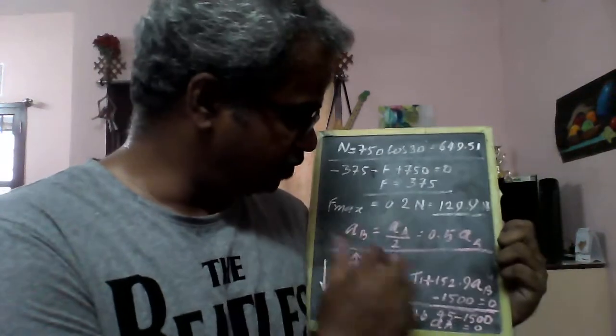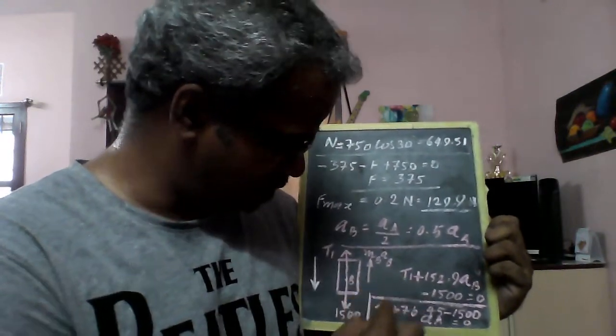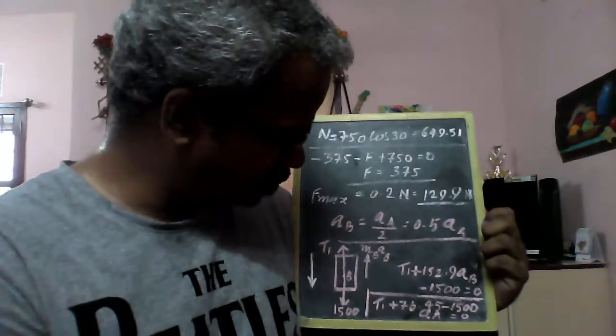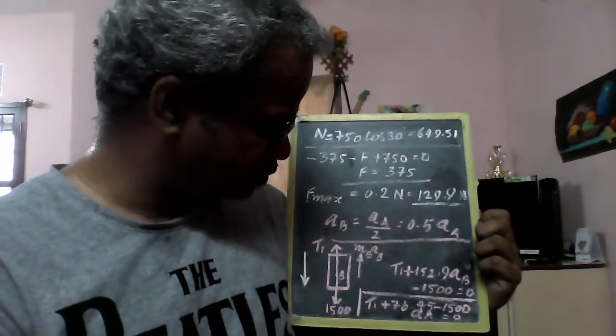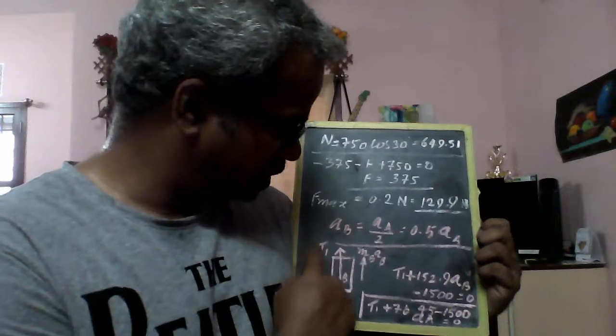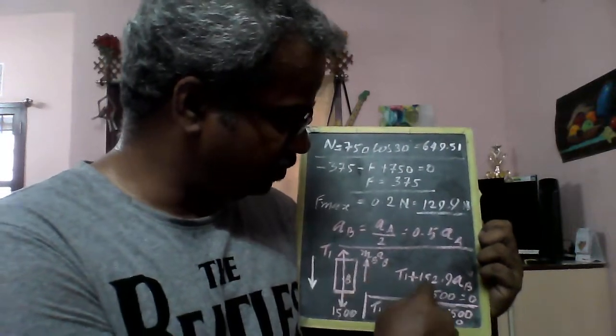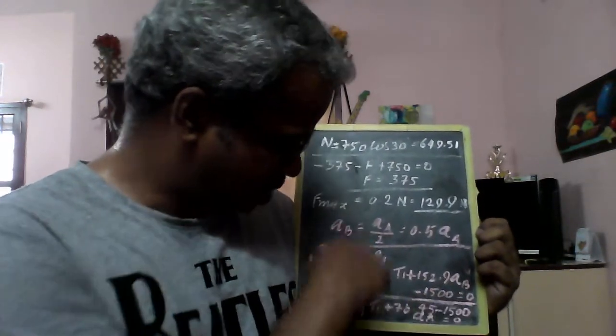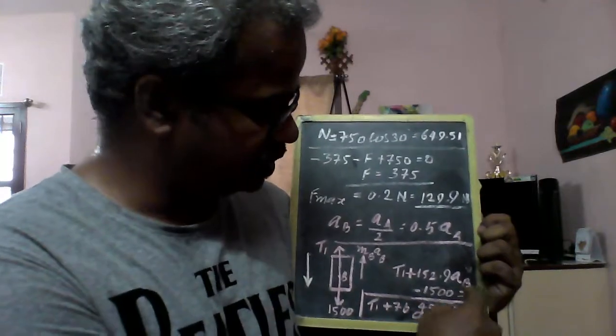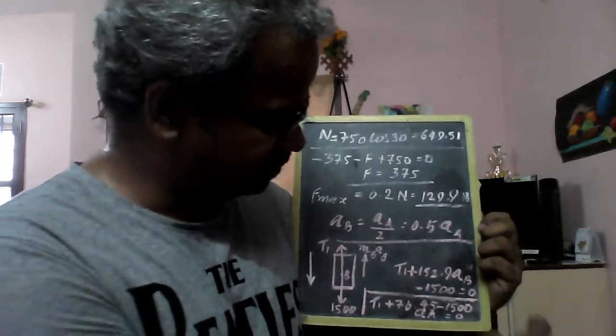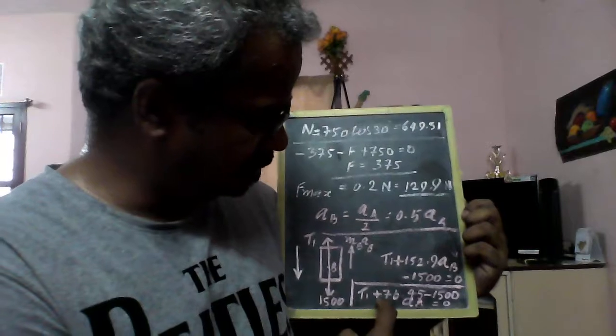MB is 152.9, 152.9 into AB. So I can solve it for the vertical equation equated to 0. So it will be T1 plus 152.9 AB minus 1500 equal to 0.